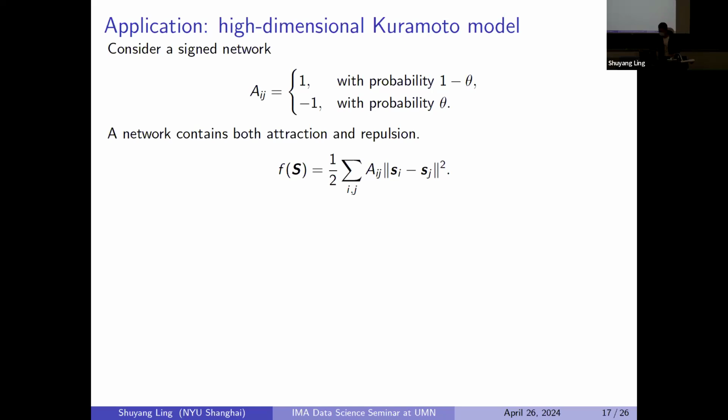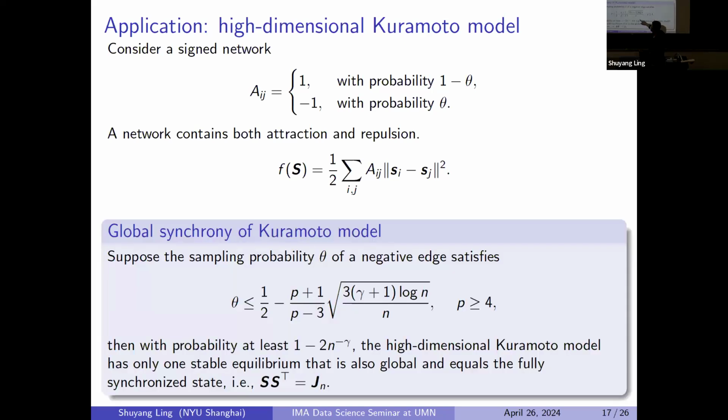The bound we obtain is that if theta is smaller than 1/2 minus this quantity, where you can see the dominant term will be log n over n, so for n large it is very small, then we can show that basically for this function, where Aij is either 1 or -1, you would have a consensus. It means that if randomly initialized, they would finally reach a consensus.